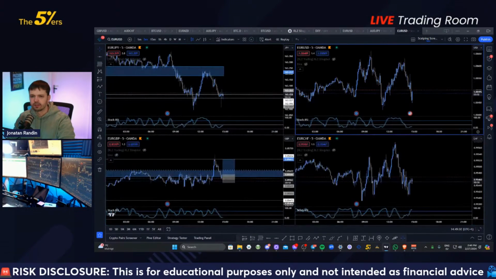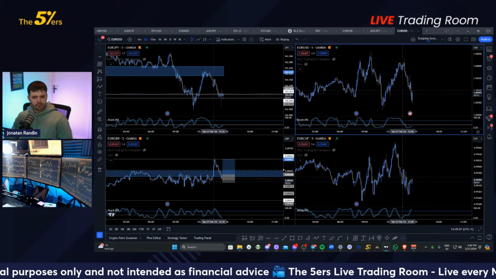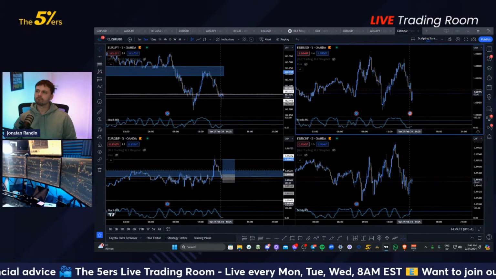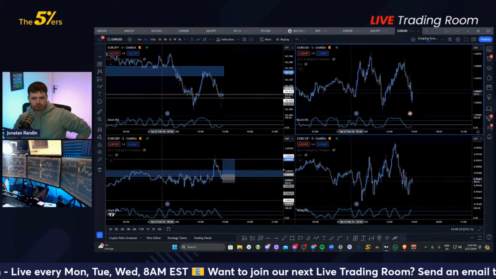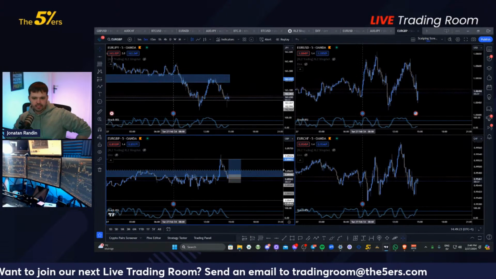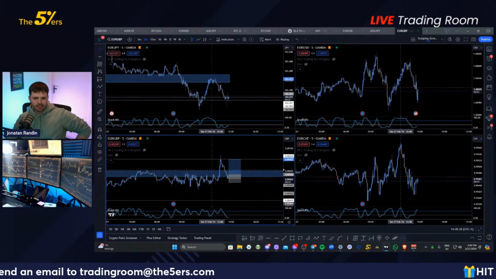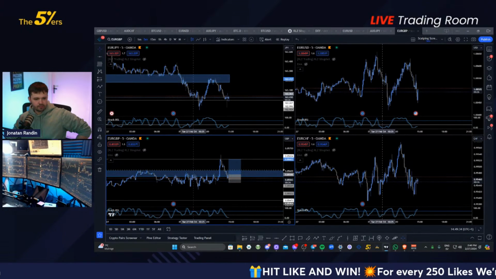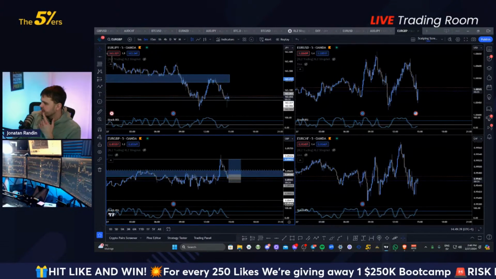All right, let's see if we can. Gonna take another look here at the markets to see if I can find anything interesting. Got a decent looking structure here on NZD USD. I think the trade's gone. So nothing here. What else do we have? He's looking for that break and retest.